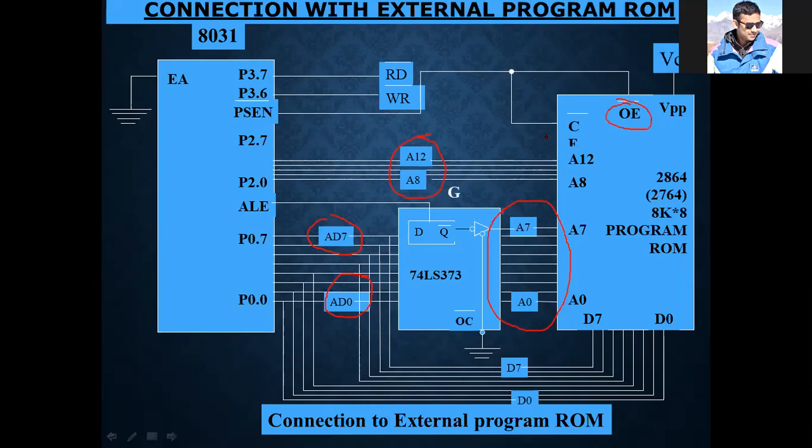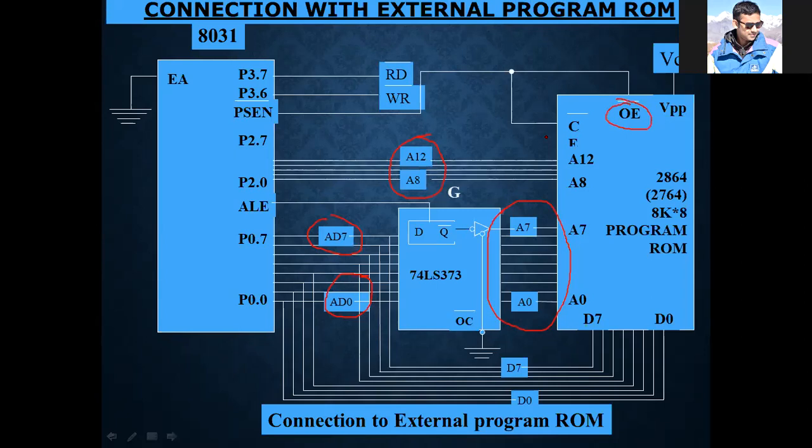Okay, so to trace the program written in the ROM, to read it, just as we use a key to open a lock, this PSEN bar is the key here to open the program.